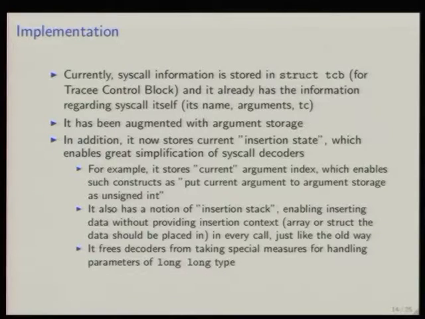So currently, all the syscall-related information is stored in the tracee control block. It already contains data which is retrieved by strace, such as syscall name, which could be different from the actual name now, since the actual syscall ID differs when fault injection took place. Here are the retrieved arguments themselves, but not the data to which an argument points. It is the job of decoders to retrieve that, and so on.